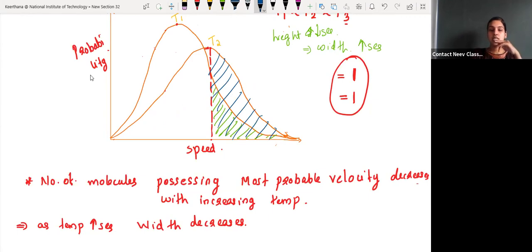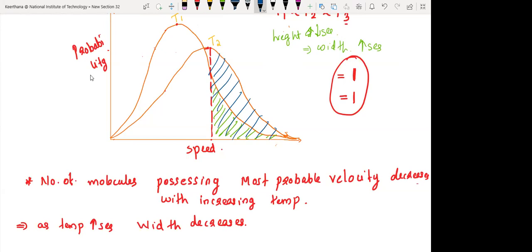So as temperature increases, this area increases, right? And what does it mean? What was this area?